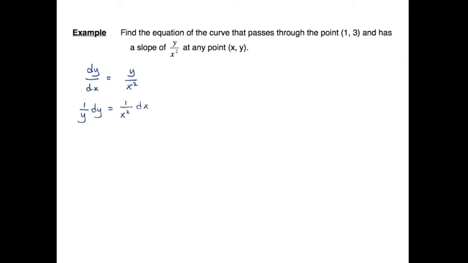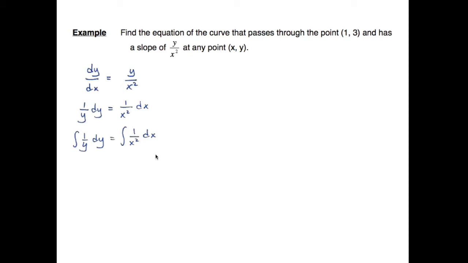The integral of 1 over y dy is ln of y. The integral of 1 over x squared dx, don't start thinking it's ln of x squared or something. This is simply x to the power of negative 2, so we can just use the rules for x to the power of n.